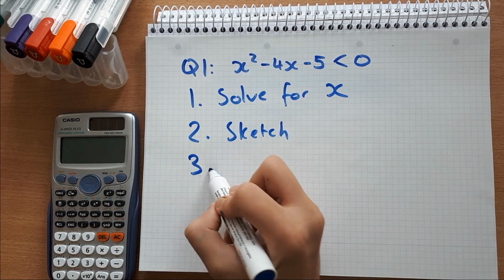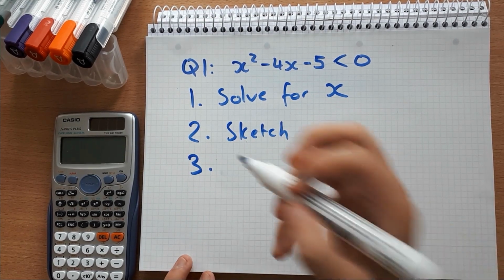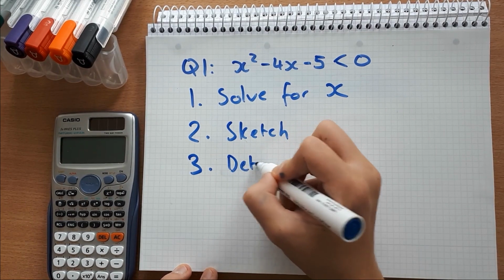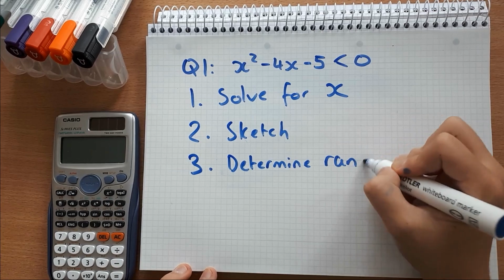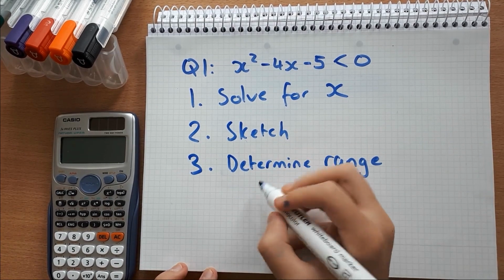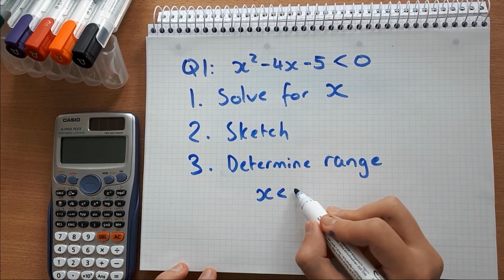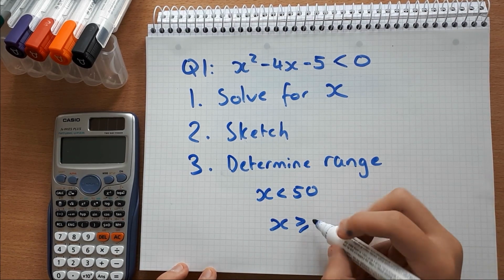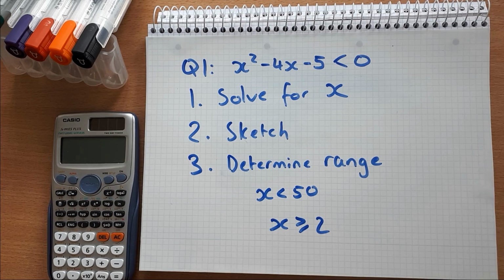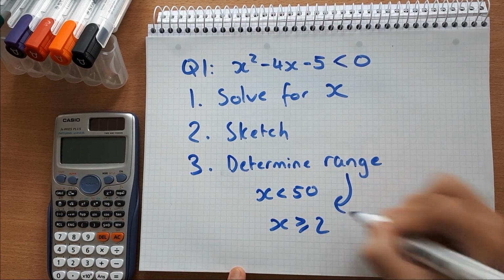And 3, we need to determine the range. Range is, for example, x is less than 5 or x is greater than or equal to 2. That is what range is.